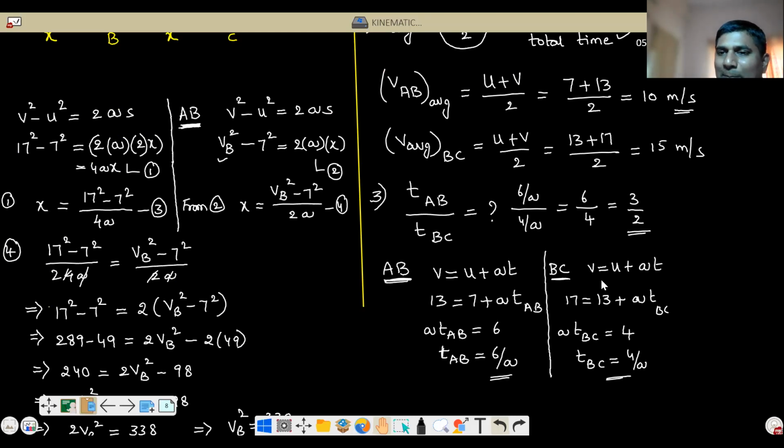Again in the interval BC, apply V equal to U plus AT: 17 equals 13 plus A into T of BC. So here you will get 4 by A. So 6 by A divided by 4 by A is equal to 3 by 2. The ratio is 3 by 2. This is how we can solve these problems of equations of kinematics.